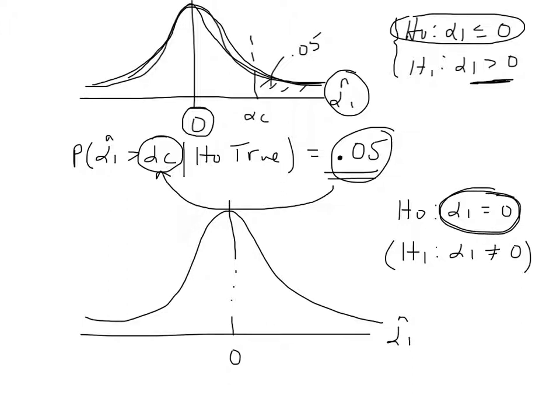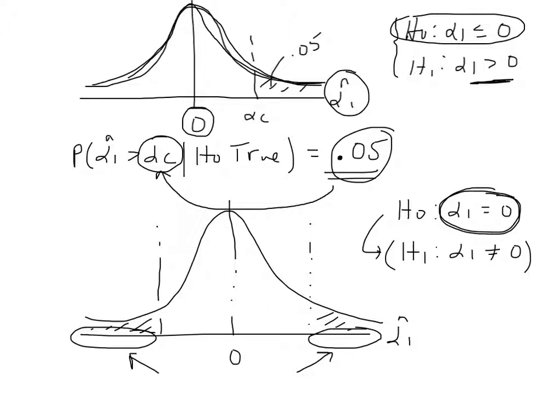Well, I think you would say probably that you would reject this null hypothesis if your alpha 1 hat was sufficiently large or if it was sufficiently small, right? So you will have rejection regions in the two tails of the distribution, meaning if you draw an alpha hat from here, you're going to reject that null in favor of the alternative. If you draw an alpha hat way down here, you're going to reject that null in favor of the alternative.